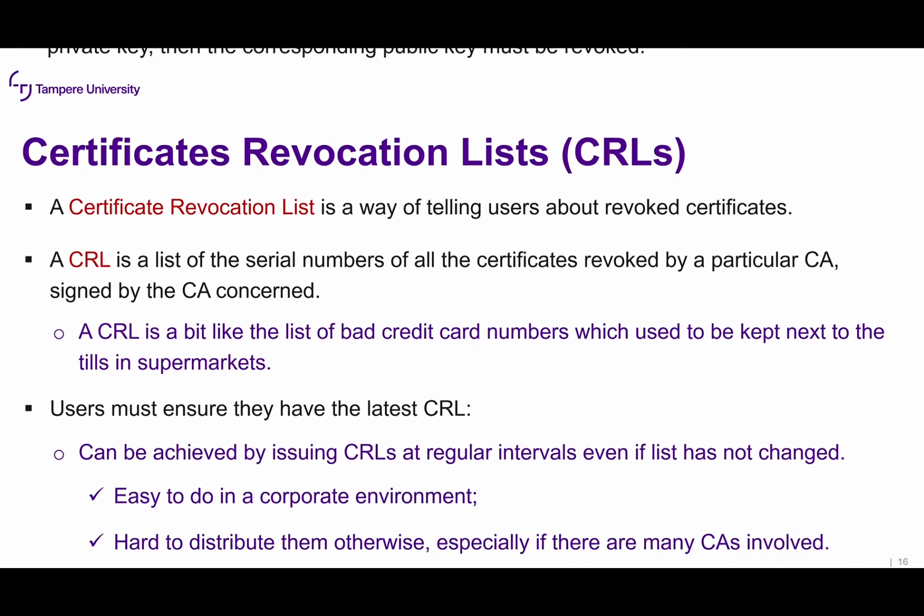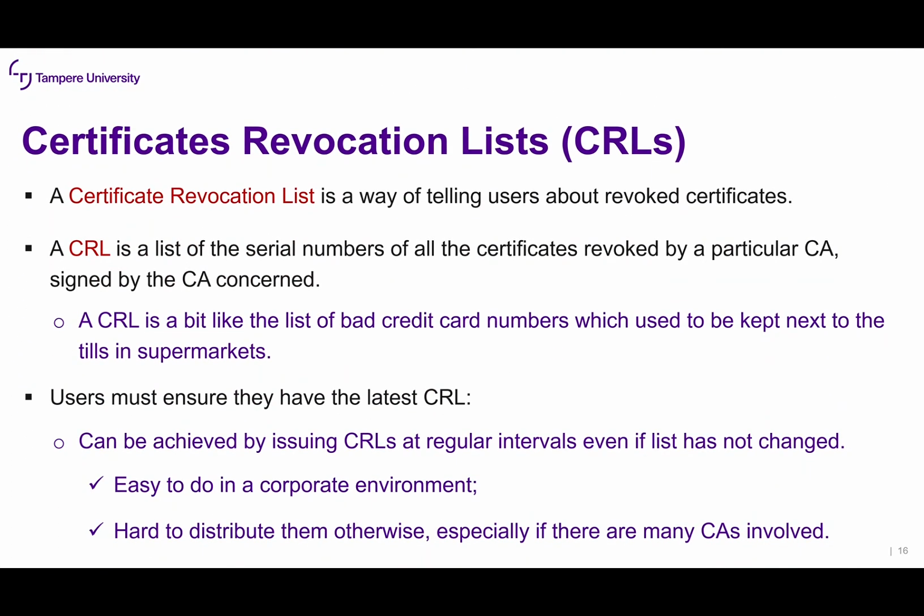Good. Certificate revocation lists, also known as CRLs. One way to accomplish revocation is by the use of a certificate revocation list, or CRL, which is a signed statement by the CA containing the serial numbers of all certificates which have been revoked by the CA and whose validity period has not expired.